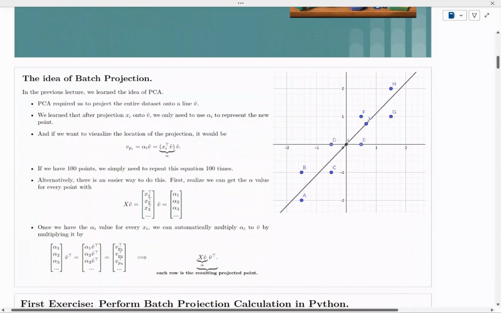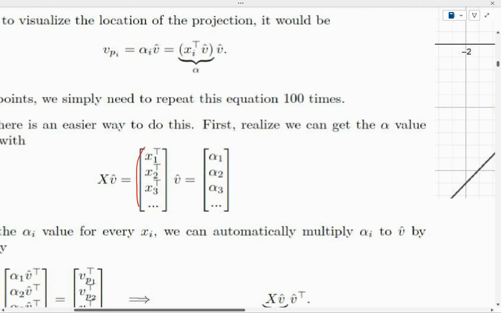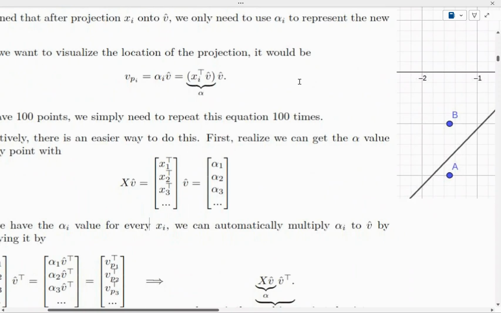So basically, if we have multiple points and we want to project them onto a single line, the way we would do it is to align the multiple points inside a matrix. A single projection is simply X transpose V hat.